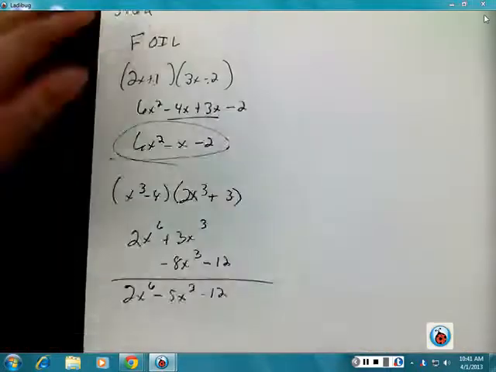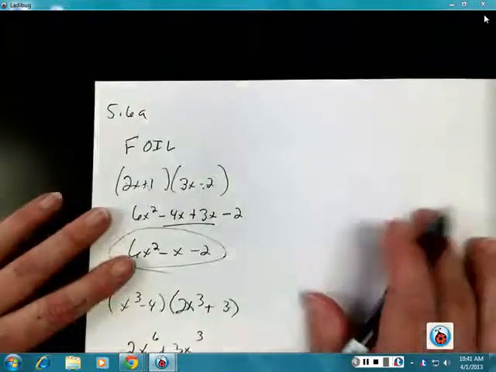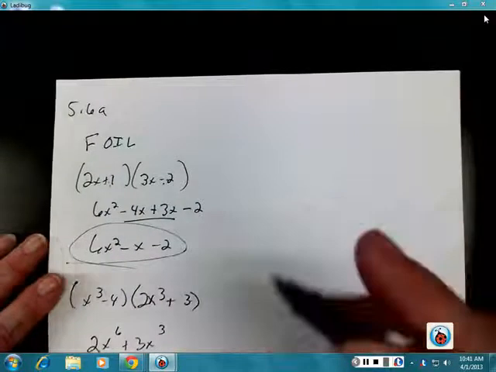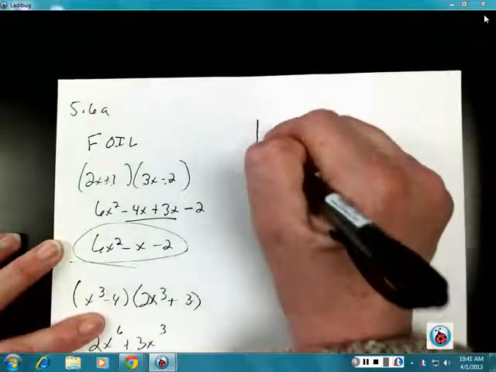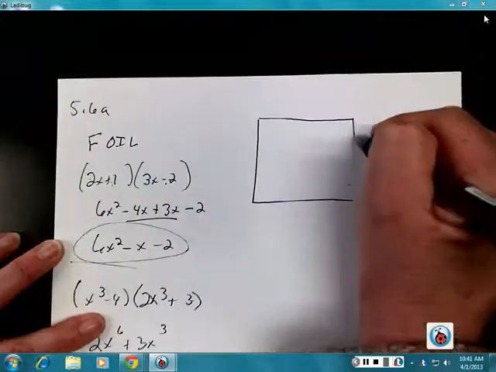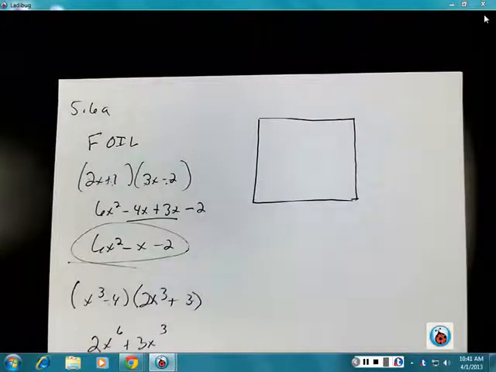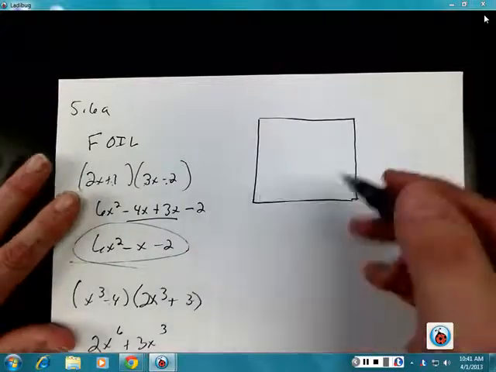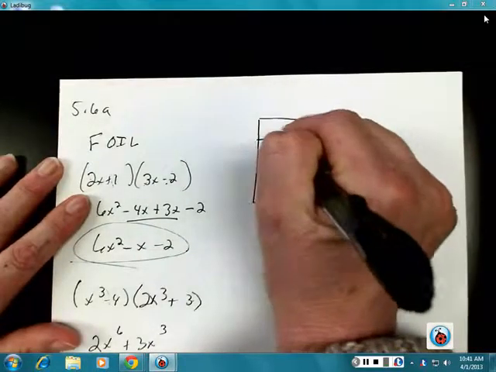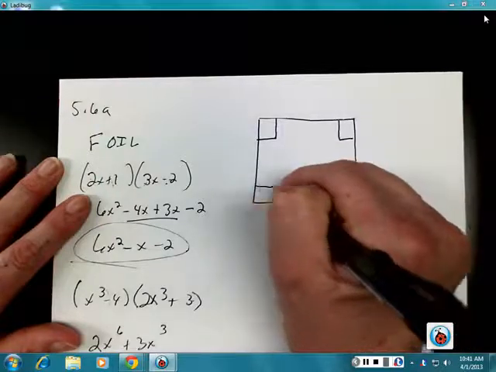Now, the one that Scott's talking about is where they will give you all the verbal information about a shape. It involves a rectangle, and I think this is what you were talking about, right?